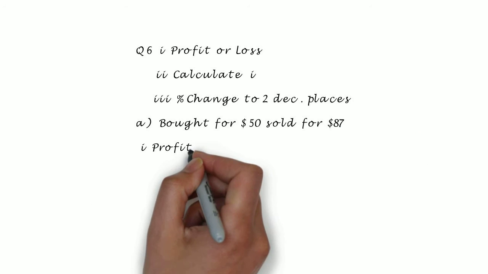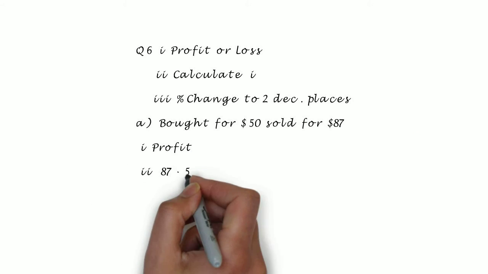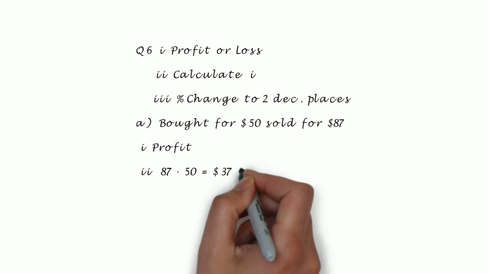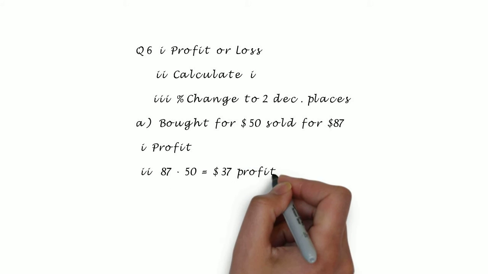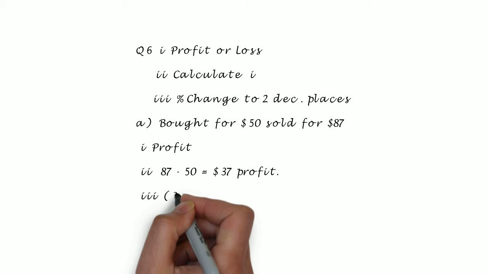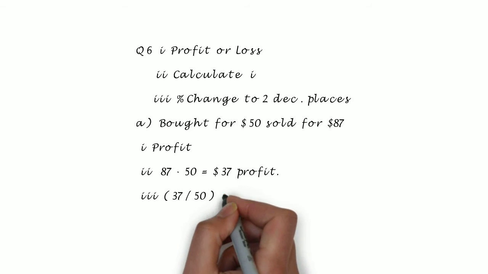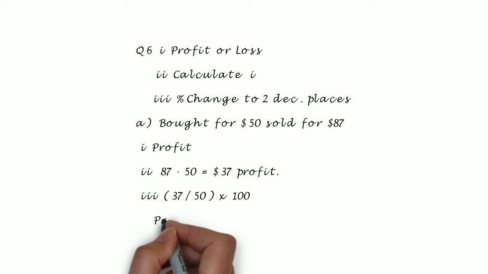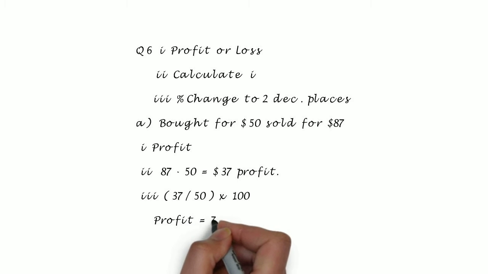So that's obviously a profit, part 1. Part 2, 87 minus 50 gives us a profit of $37. Part 3, 37 out of $50 multiplied by 100 means we've got a profit of 74% on that sale.